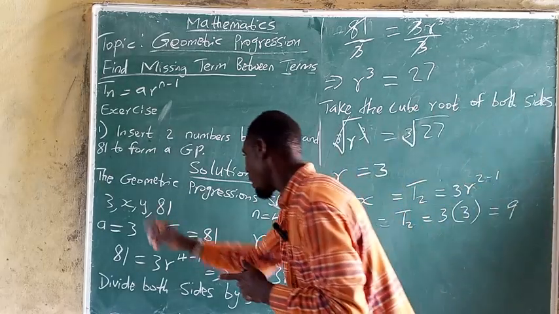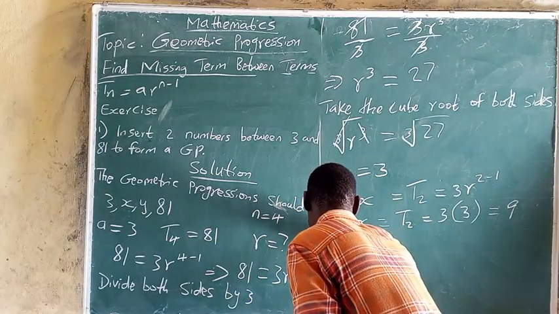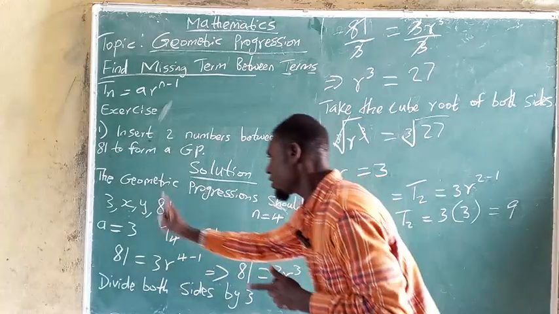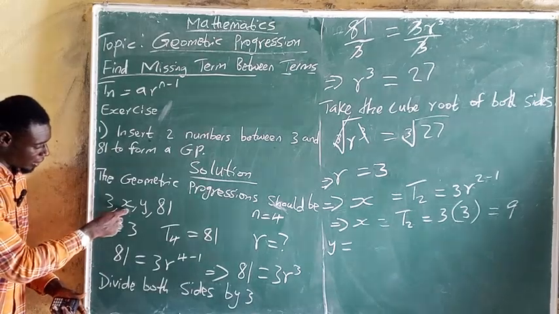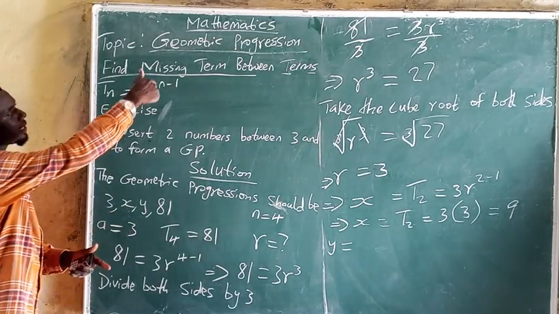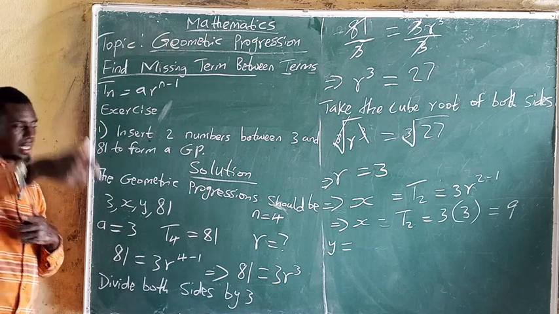Now let's get our y. Our y is equal to, if you check very well, first term, second term, third term, so we are dealing with the n as third, which is 3.